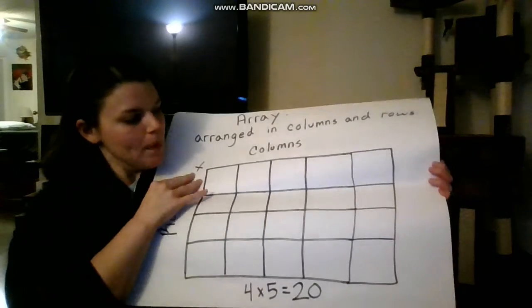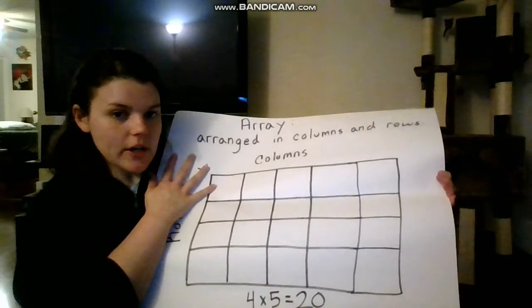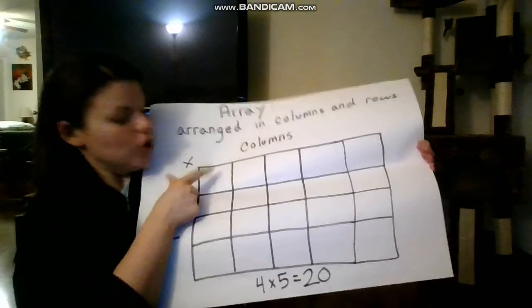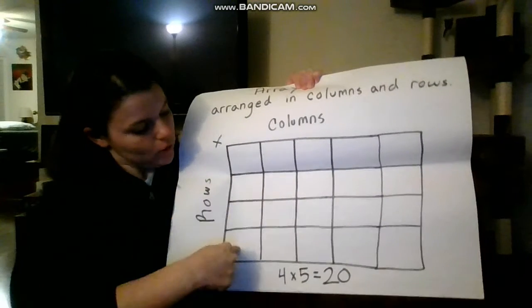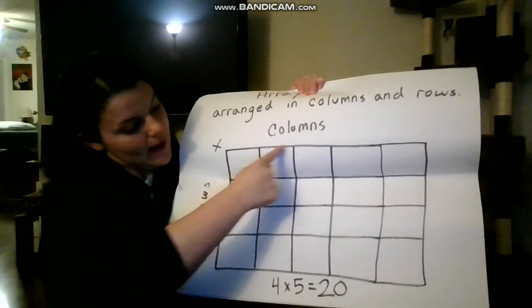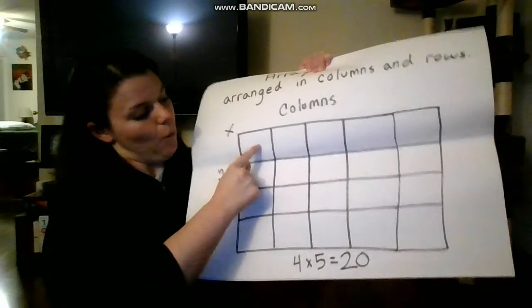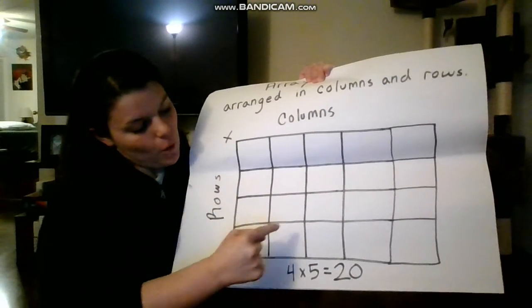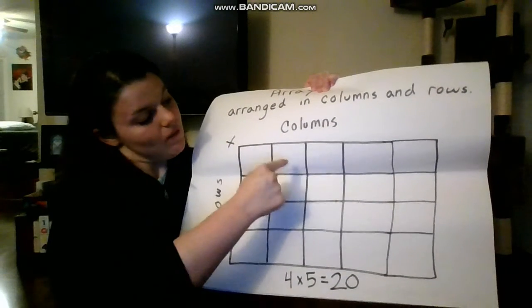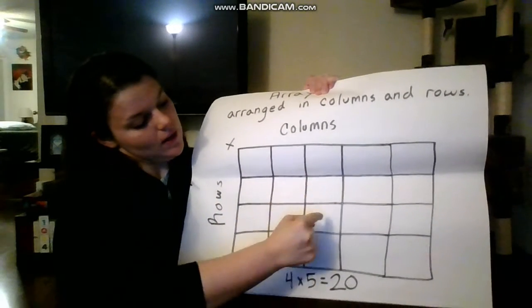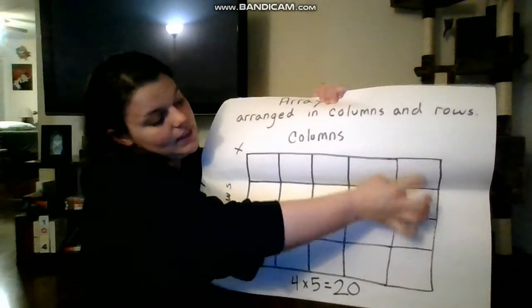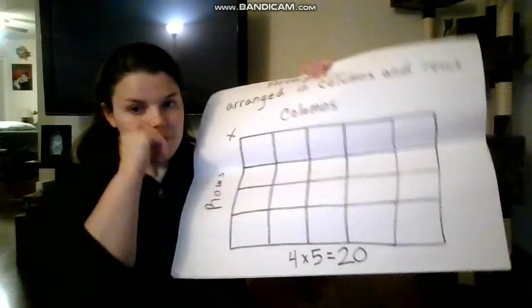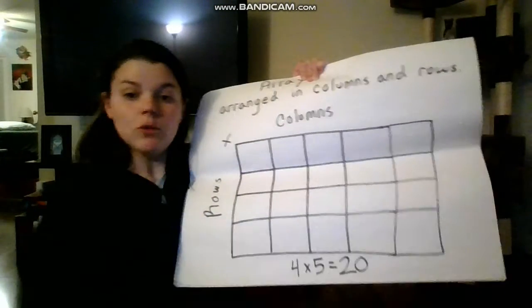Let's start by looking at this first block up here, and then we're going to count columns down, up, down, up. So we're going to count 1, 2, 3, 4, 5, 6, 7, 8, 9, 10, 11, 12, 13, 14, 15, 16, 17, 18, 19, 20. So 4 times 5 equals 20.